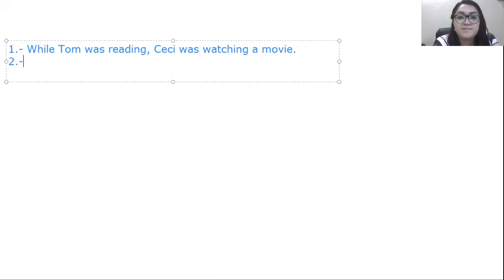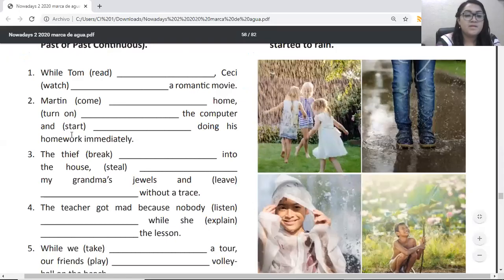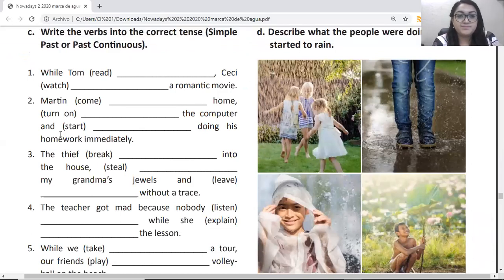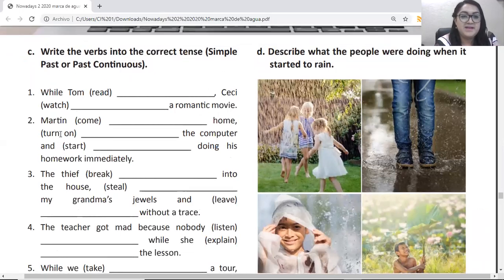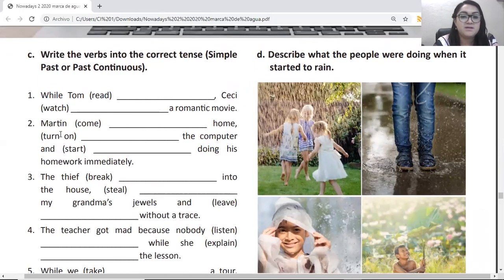Then we have on the next screen, Martin. What is that in exercise C? Martin, it is in simple past.